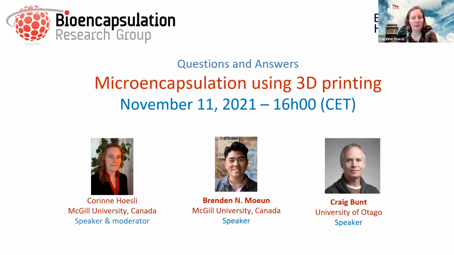Rene Pedrosa is asking, when printing cells versus pseudo islets, is there a difference in their distribution along the filament? So yeah, another great question. I think when I answered it, I more talked about the radial direction, but along the filament, we haven't seen any sort of differences between printing cell aggregates and single cells in the work that we have done.